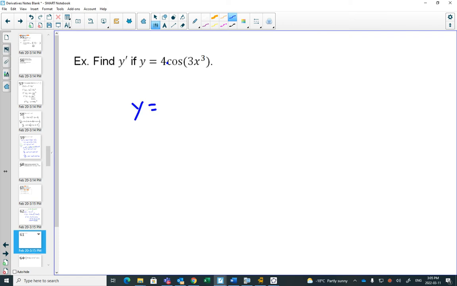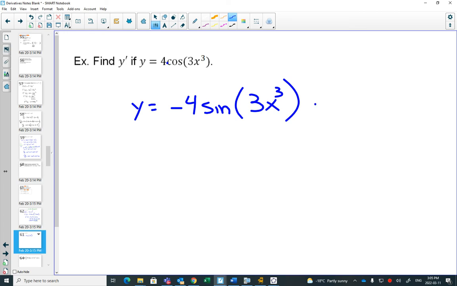If it's a chain rule, we do the derivative of the outside function first. The outside function is cos. What's the derivative of cos? Negative sine. So we would have negative 4 sine. Keep the inside the same. Calculus is also a study of restraint. Keeping the inside the same is the hardest thing for students.